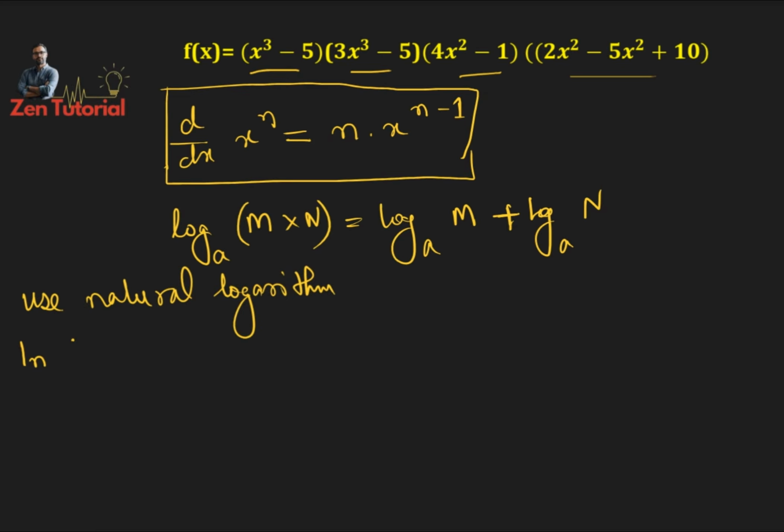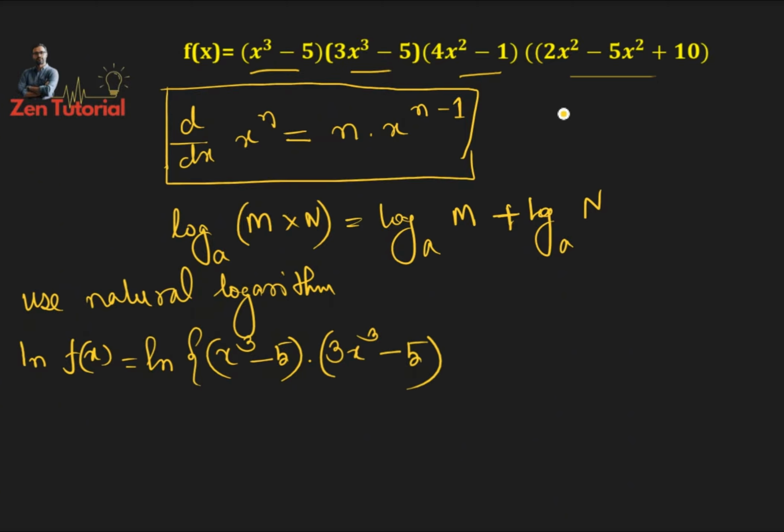Let's say ln f of x equals ln of, using curly brackets, x cube minus 5, then 3x cube minus 5, then 4x square minus 1, multiplied here, and then 2x square minus 5x square plus 10, curly done.